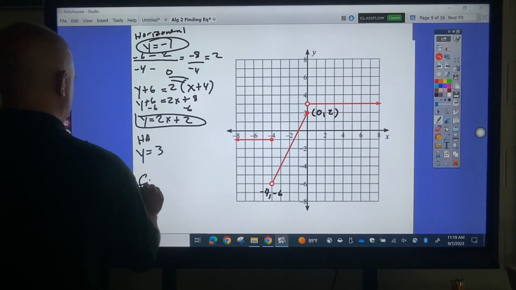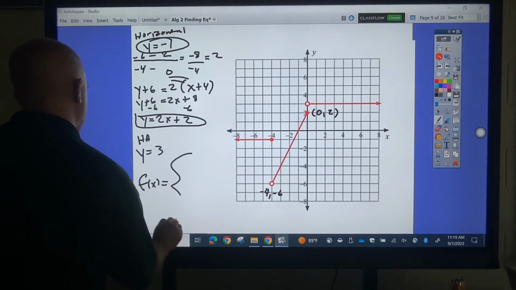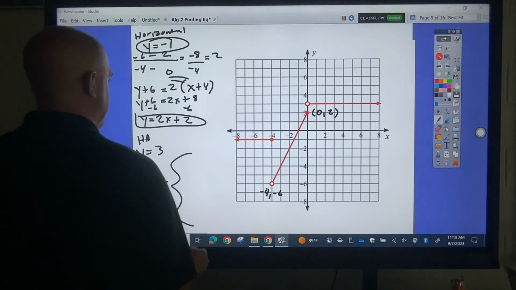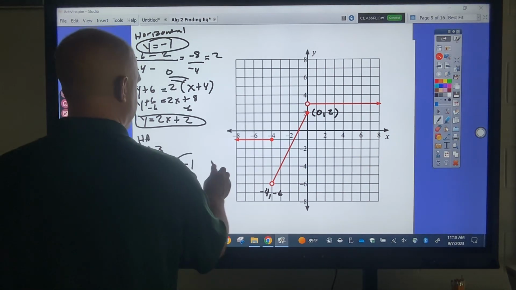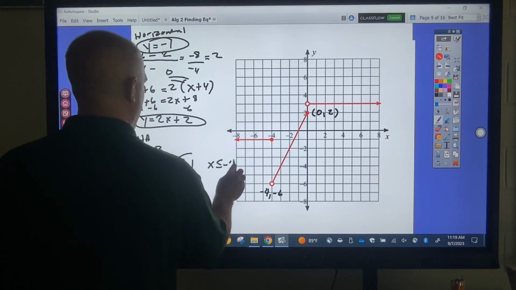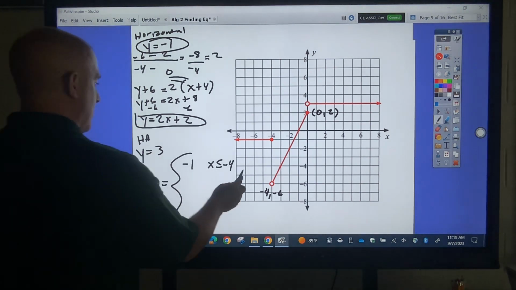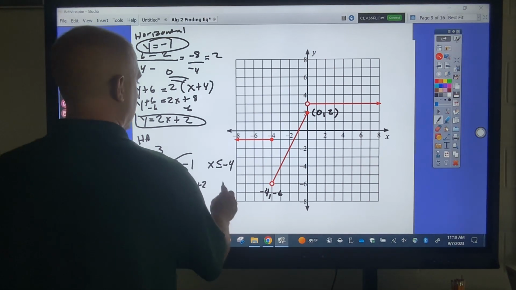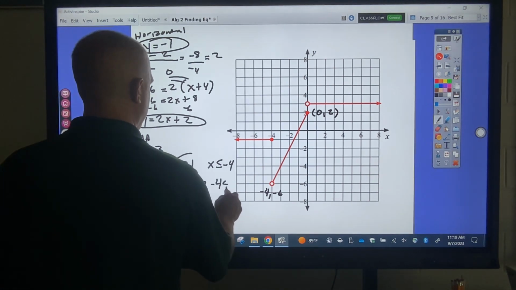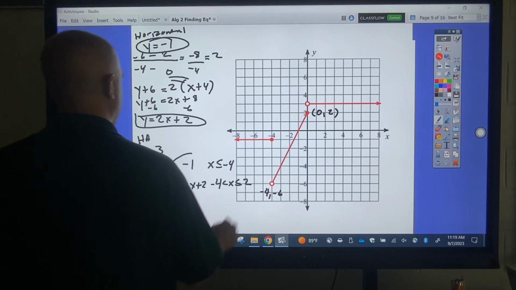Okay, so if I was putting the piecewise together, I got y equals -1. Now that's for x less than or equal to -4. All we care about is the x coordinate. This next one is 2x plus 2, and that is going to be between -4 and 2.